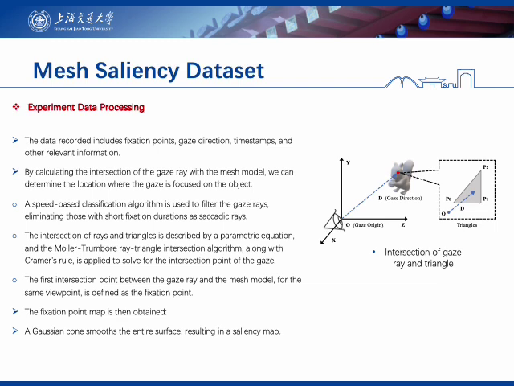The first intersection point of the gaze ray with the mesh model at the same viewpoint is defined as the fixation point. After obtaining the fixation point map, we apply Gaussian smoothing over the entire surface to generate the saliency map.